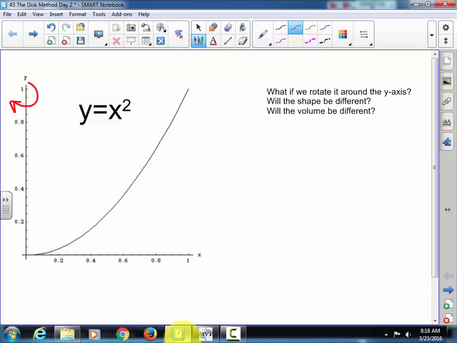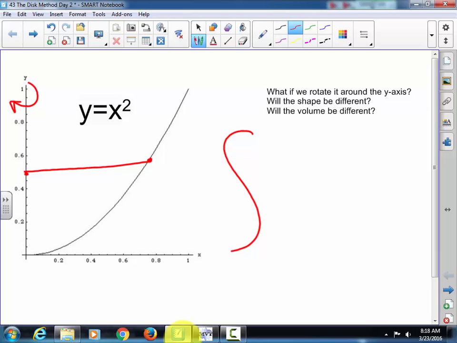The r, okay. So what does our radius need to be? Our radius now needs to be the distance this curve is from the y-axis. Before we were talking about the distance it was from the x-axis. So it was y equals x squared.